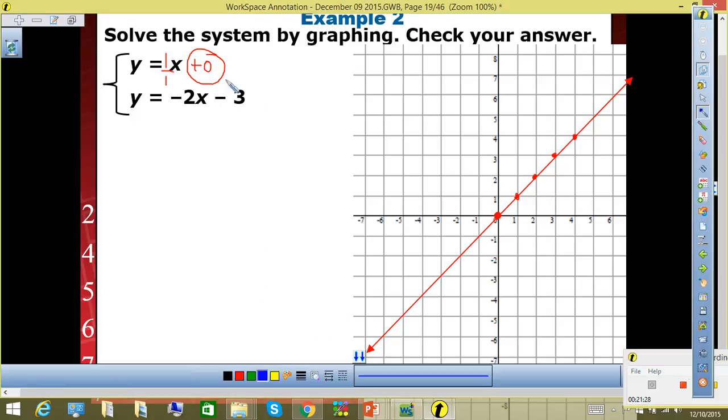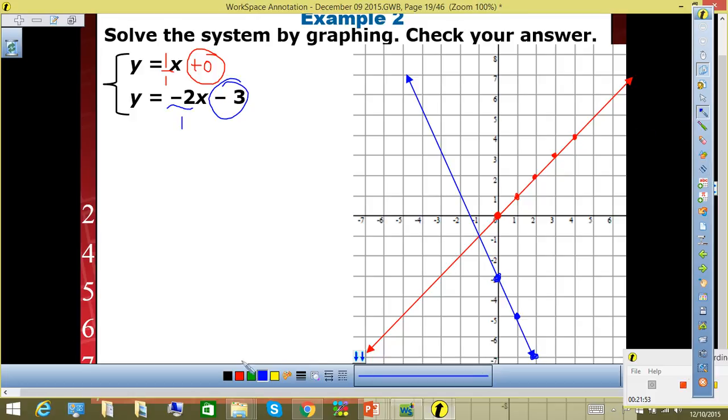On this one, we started with -3, and the slope was -2 over 1. That means 2 steps down, 1 to the right. Plot your point, do it again, and so on and so forth, right?